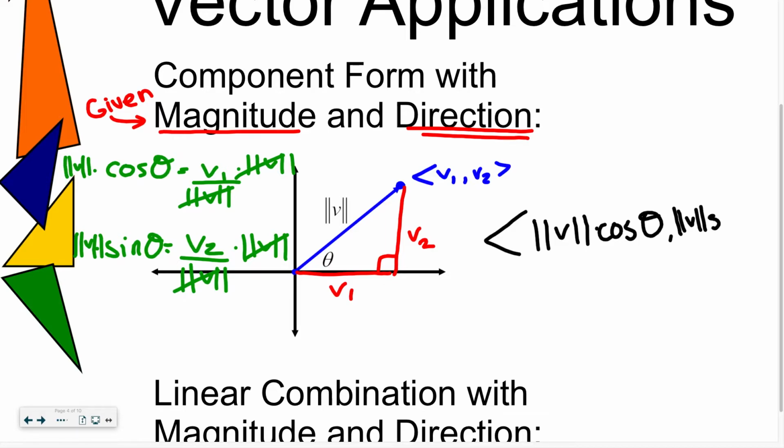The magnitude of v times the sine of theta. And there I have component form, right? This is my horizontal component, so you can think about it like your v sub 1. And this right here is my vertical component. So that's my v sub 2.